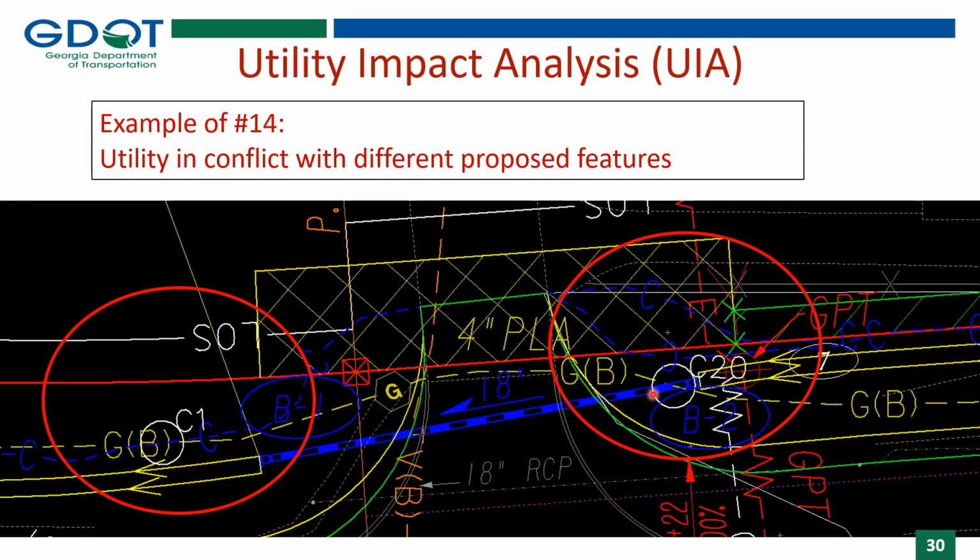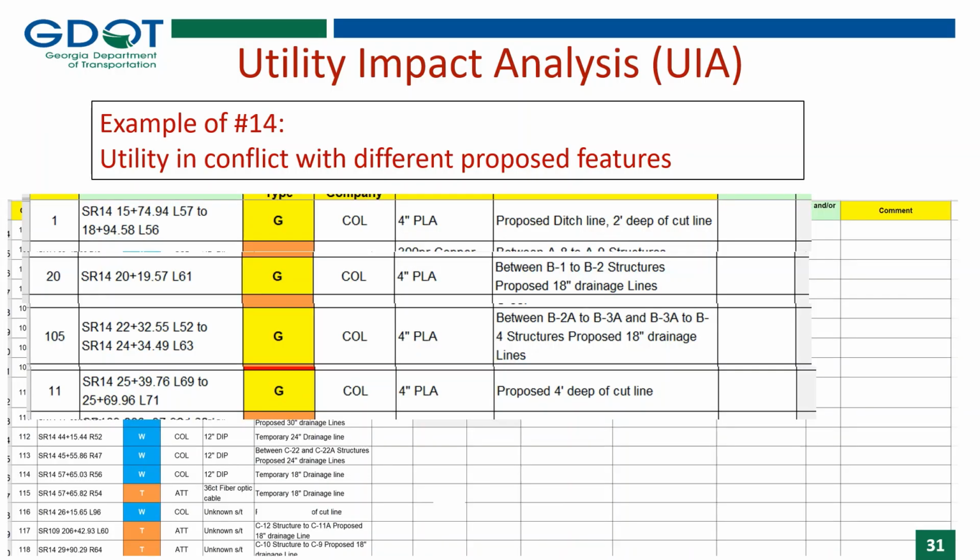That's why we give it a different conflict number. So we go to the spreadsheet. Here the spreadsheet shows that spot conflict with the drainage pipe. And the conflict is between structures B1 and B2, and it's in conflict with the proposed 18-inch drainage pipe.